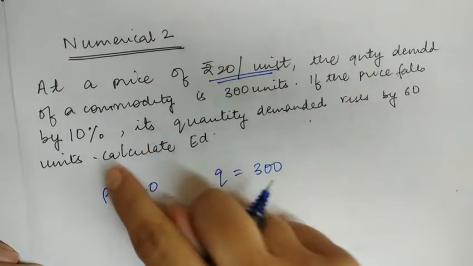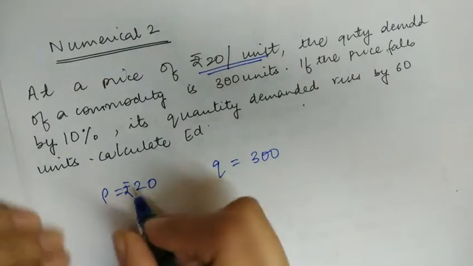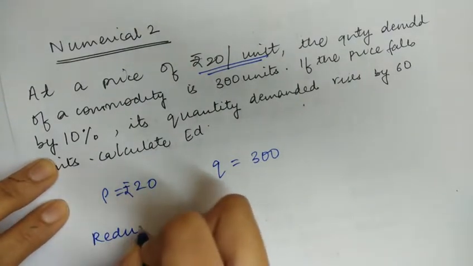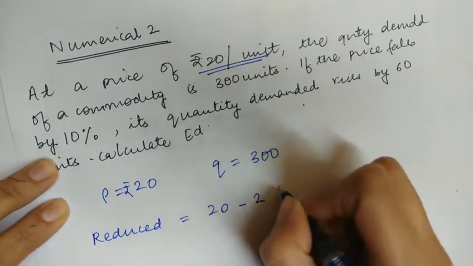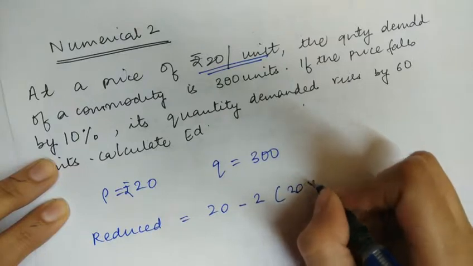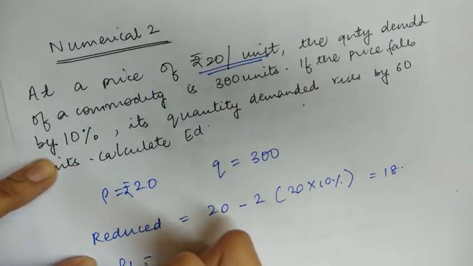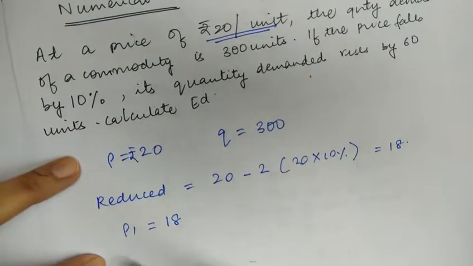If the price falls by 10%, the reduced price of the commodity is 20 minus 2, which is 10% of 20, equal to 18. That is, P1 is equal to 18. That is the new price of the commodity.